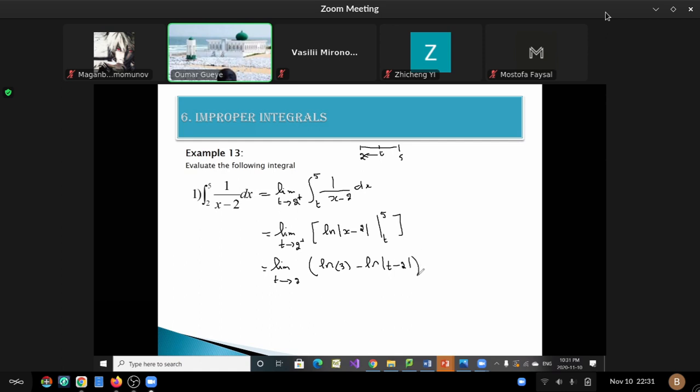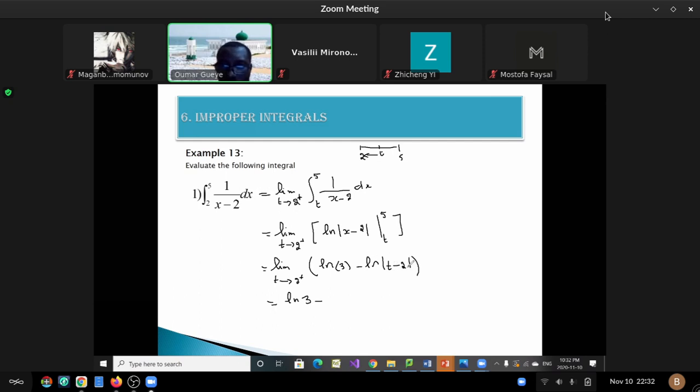So when t is going to 2, we get ln of 3 minus, what's going to be the limit here, when t is approaching 2 from the right? The absolute value is approaching 0 from the right.